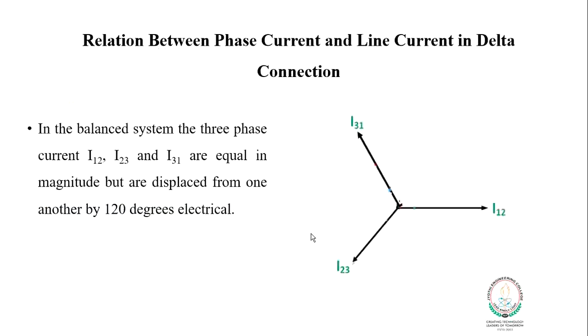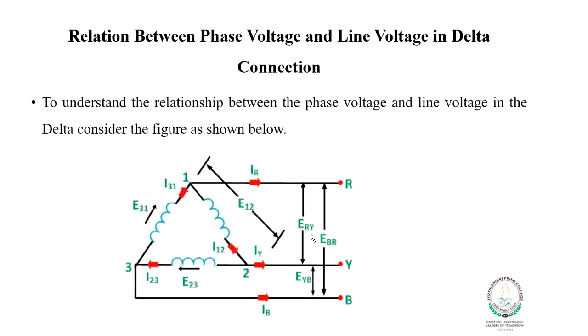Now we are going to find the relation between the phase current and line current in delta connection. In delta connection, the phase currents are I12, I23 and I31. That is the current flowing through the windings, which is called the phase current.